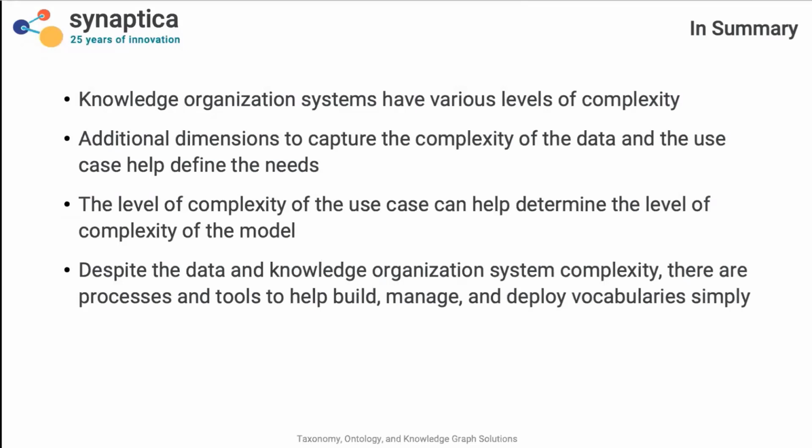And the main point is that the complexity of the use case can help determine the level of complexity of the model that you need to get started. And despite the data and knowledge organization system complexity, there are processes and tools to help build, manage, and deploy vocabularies for use in knowledge organization projects.